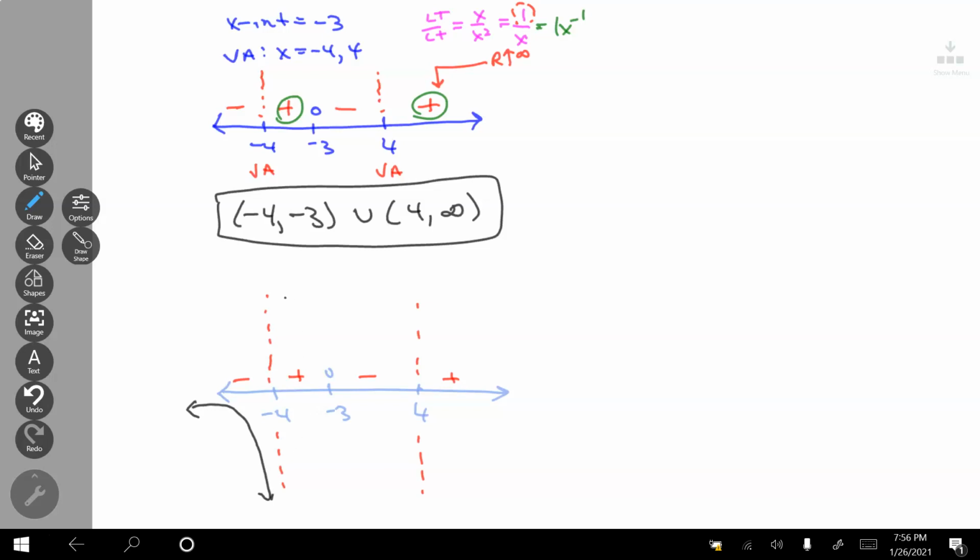Over here, I would be above the x-axis, positive, x-intercept 0, and be negative below the x-axis next to the asymptote. And this one would be all above the x-axis. And this would be a two-dimensional look of the graph of that original function. But I like the number line because it accomplishes the same task, so I can solve my problem with less work.